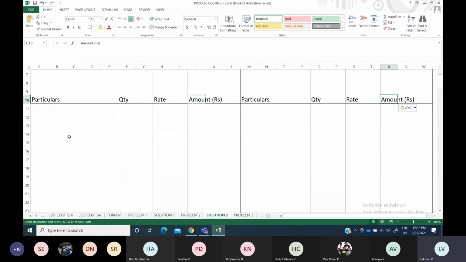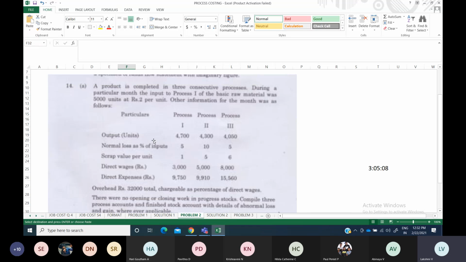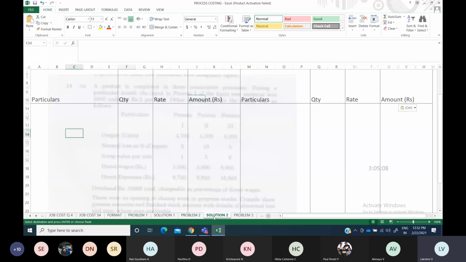Okay, so now let us move to the question. So first, the initial thing, that basic raw material, whatever they are feeding, that information will be taken first into the debit side. So to raw material 5,000 units at rupees 2 per unit. So this has to be taken here.